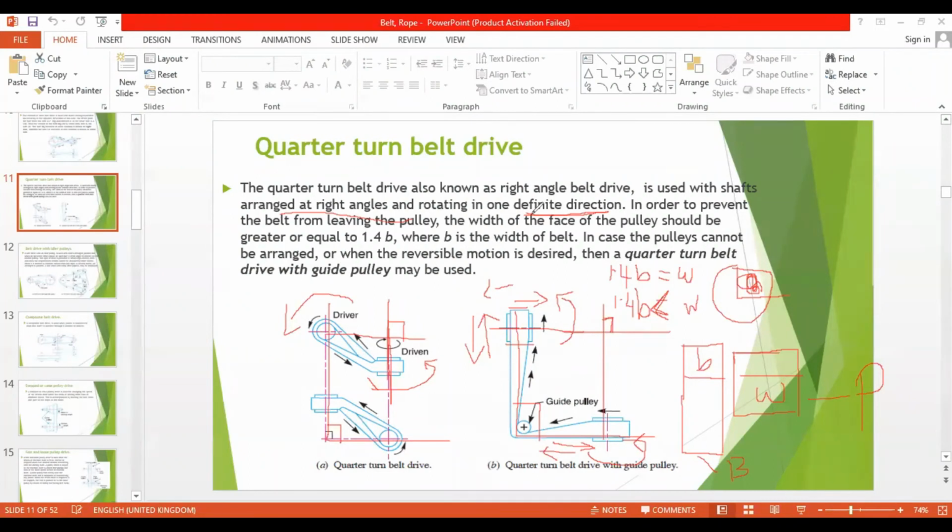But if we want to change the direction also, then we'll go for a guide pulley. This guide pulley in turn increases the tension also, which is beneficial. So for a quarter turn belt drive, the width of the pulley should be greater than or equal to 1.4 times the width of the belt.